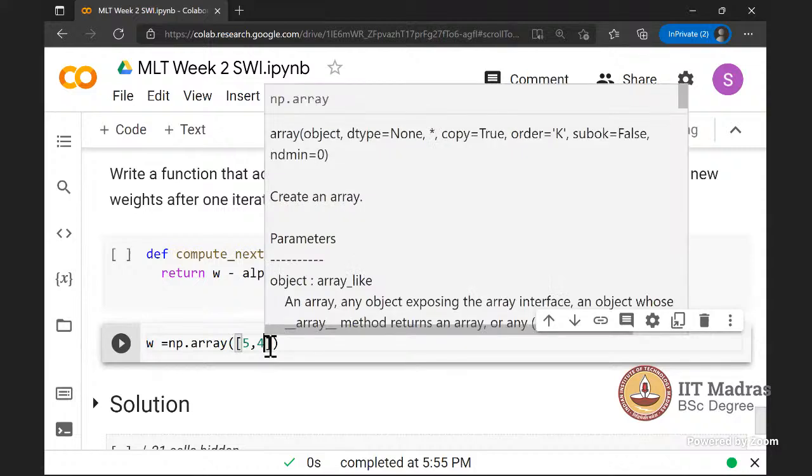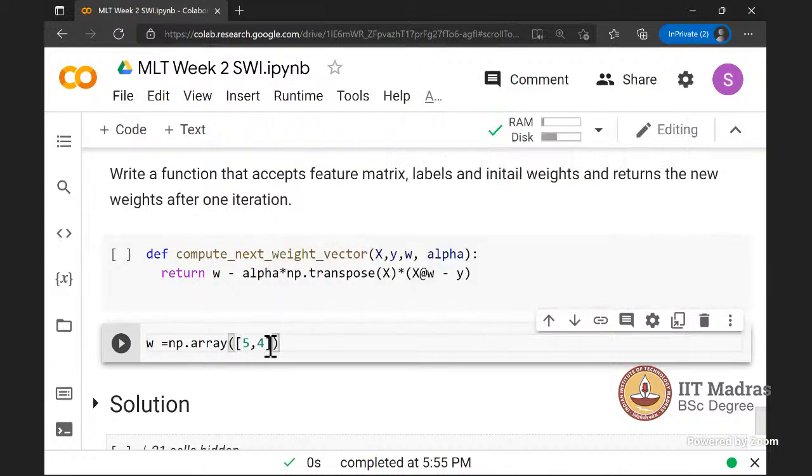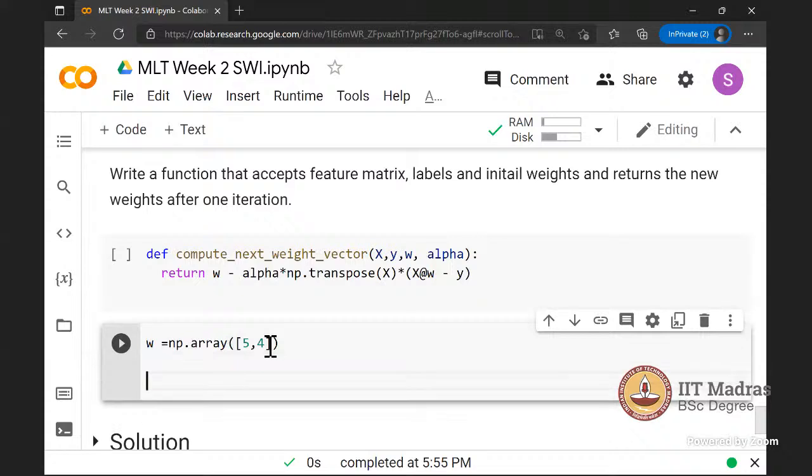We could have initialized our initial weight vector with any other values, but this is the one that we choose. All right. W after the first iteration: pass it X, we pass it Y, we pass it our original vector, and for alpha we pass, let's say, 0.01.